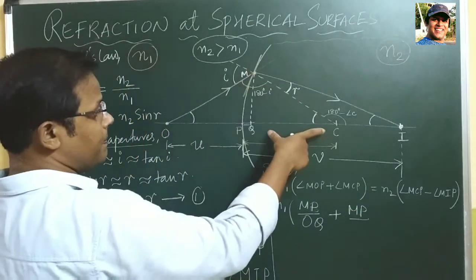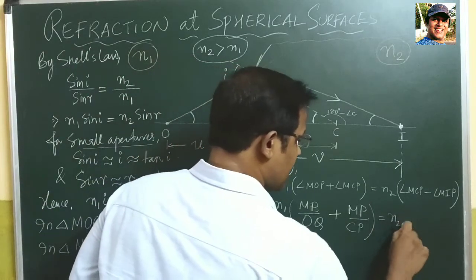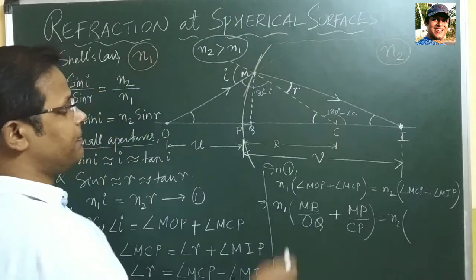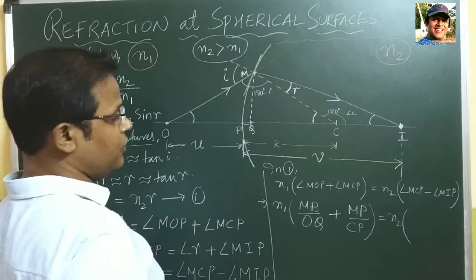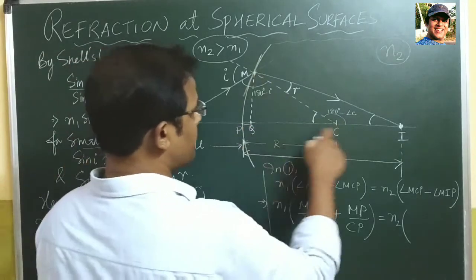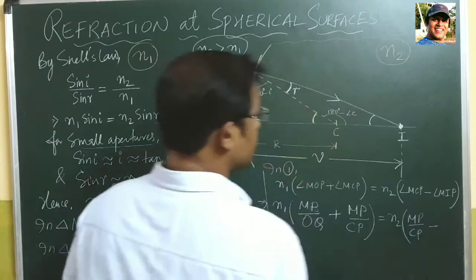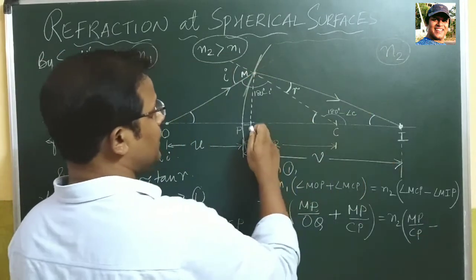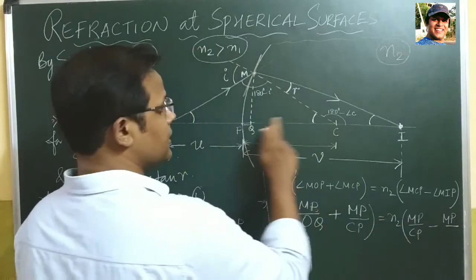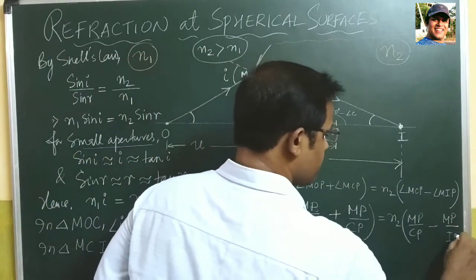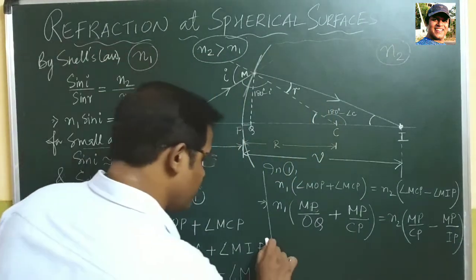This is MP by CP. So quickly on the other side, angle MCP, where is the triangle MCP? Again you find the same thing coming up, MP by CP, minus angle MIP. So this is MP by IP.